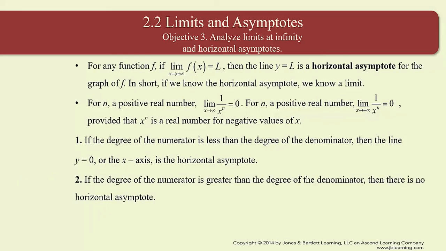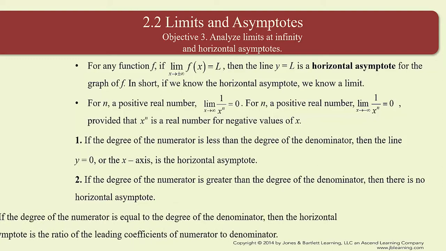If the degree of the numerator is greater than the degree of the denominator, well, then we don't have a horizontal asymptote. You may remember from college algebra, you have something called a slant asymptote, but we're not going to concern ourselves with that in this course.